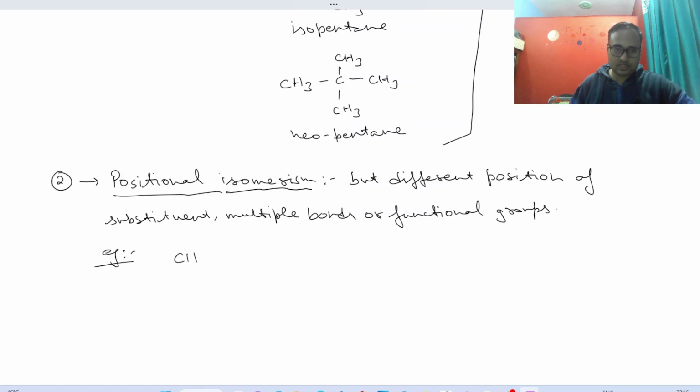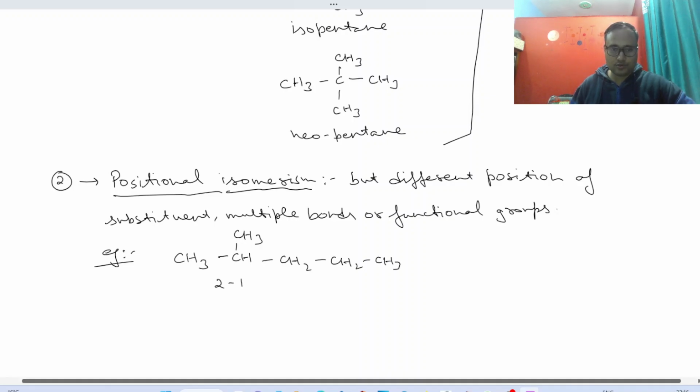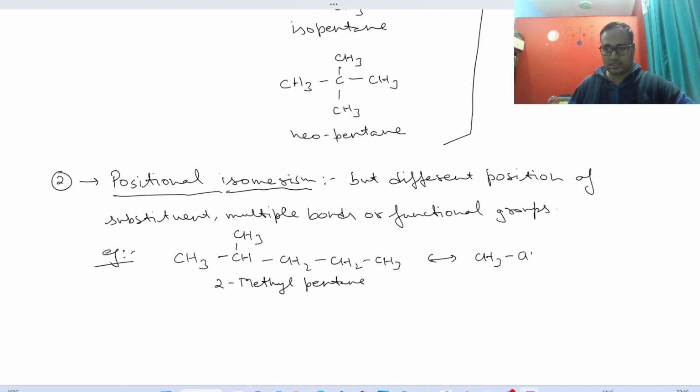First, take the example of this substituent, that is CH3, CH, CH3. This we can write as 2-methylpentane, and it will be an isomer with this compound CH3, CH2, CH.